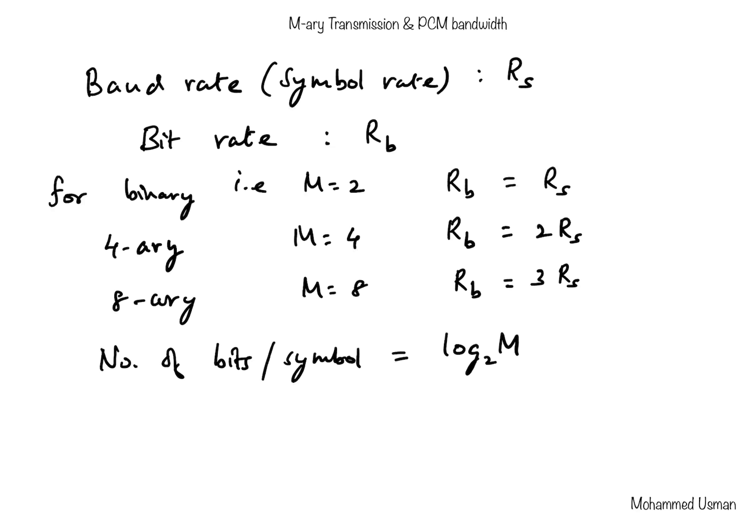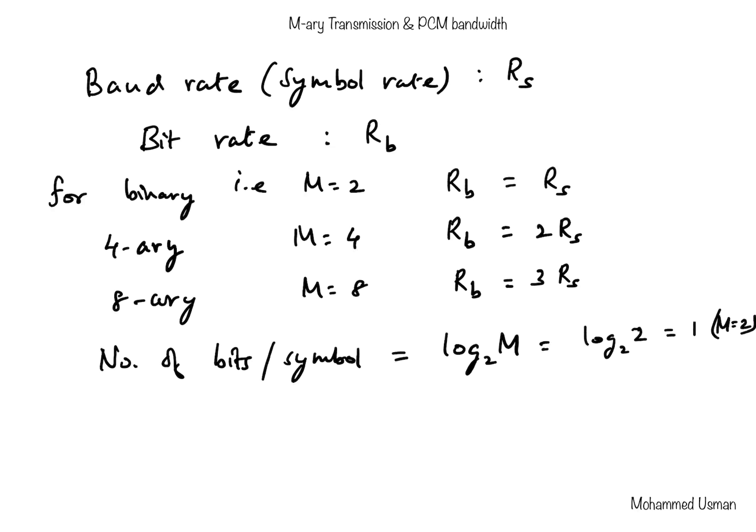So when M is equal to 2, the number of bits per symbol is equal to log to the base 2 of 2, which is equal to 1. So that's for M equal to 2. All right.